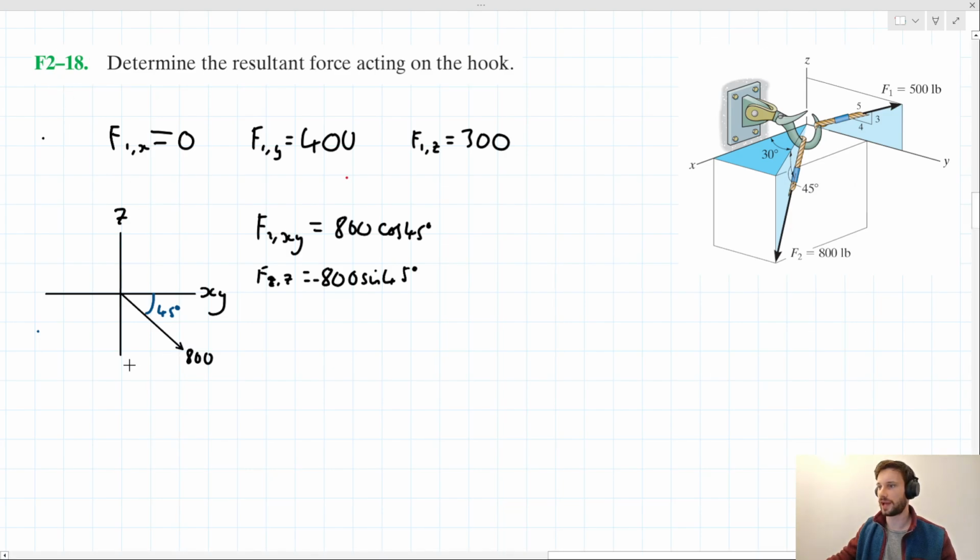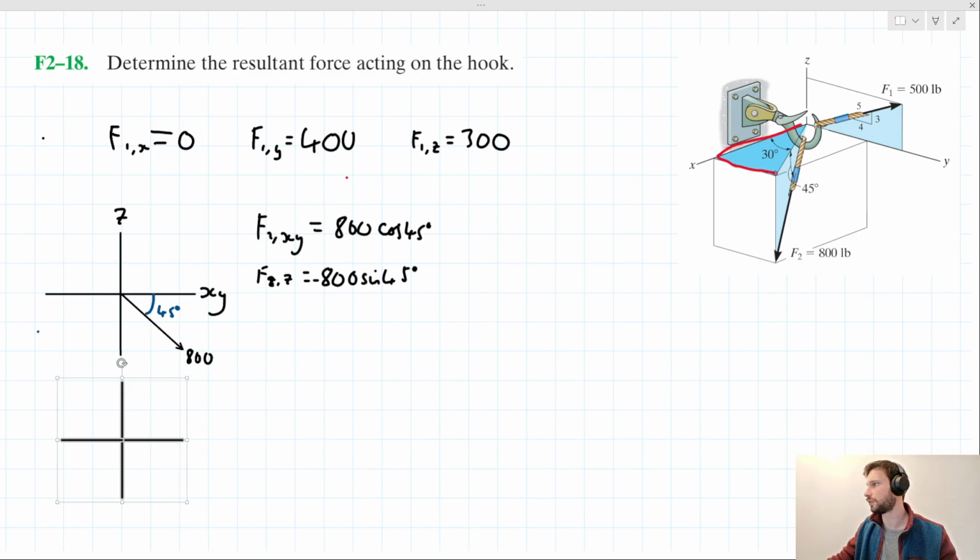we can move on and draw a new set of axes here, where we've got x and y on our horizontal and vertical axes. At this point, we're considering this triangle here with the 30-degree angle. So we can say that this is acting 30 degrees above the x-axis.